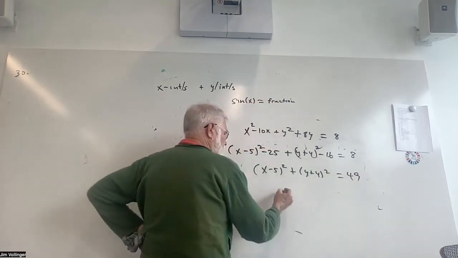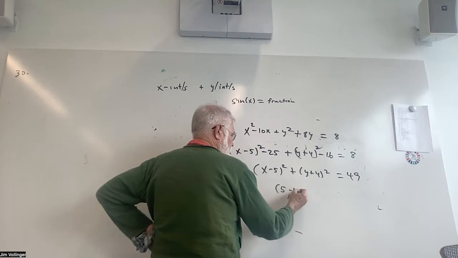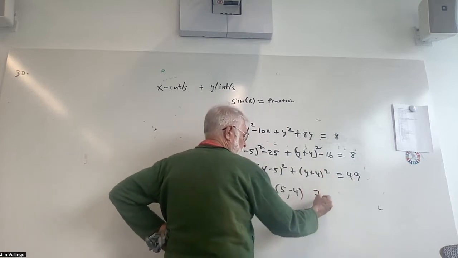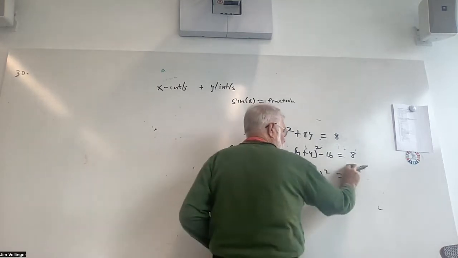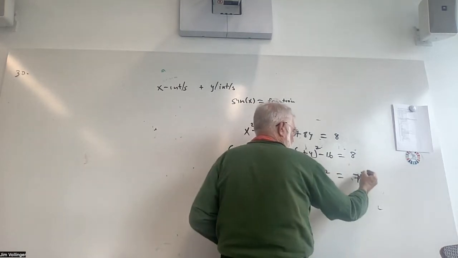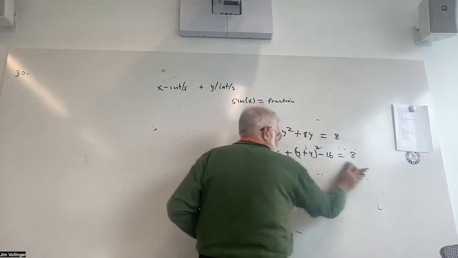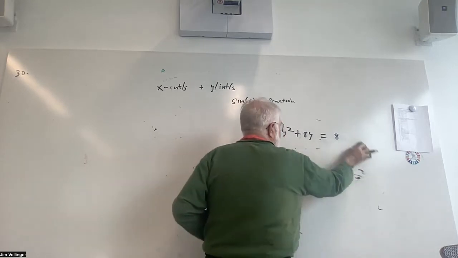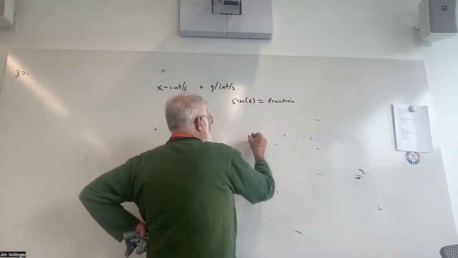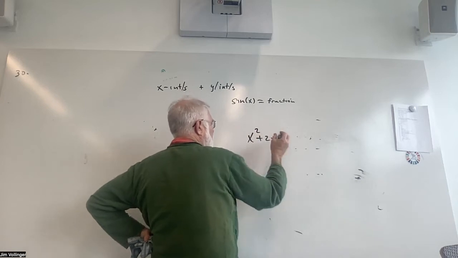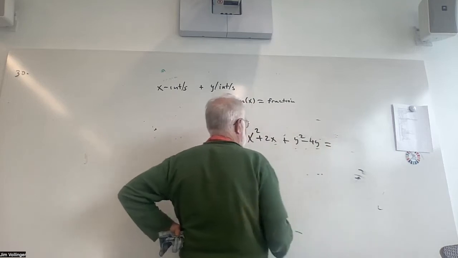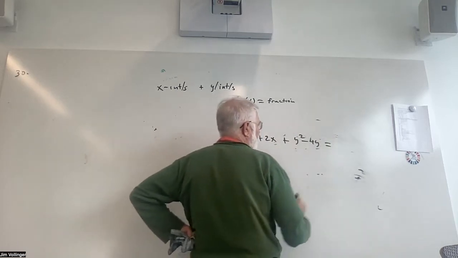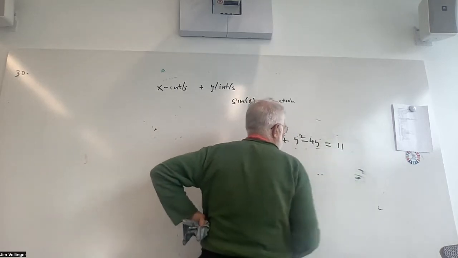So what's the center? 5 comma negative 4. What's the radius? 7. Obviously, I'm taking the square root over here so that it looks more like a Pythagorean relationship. You talk more than I said I would. Next problem. Let's go with x squared plus 2x plus y squared minus 4y equals, let's get something nice, 1, 4, 5, 5, let's do 11.